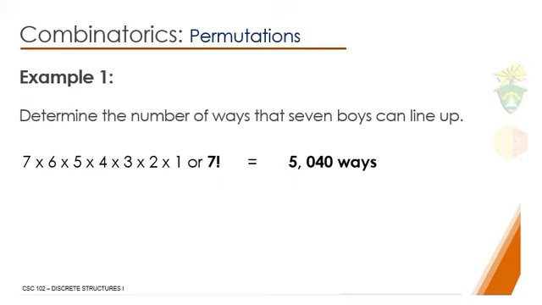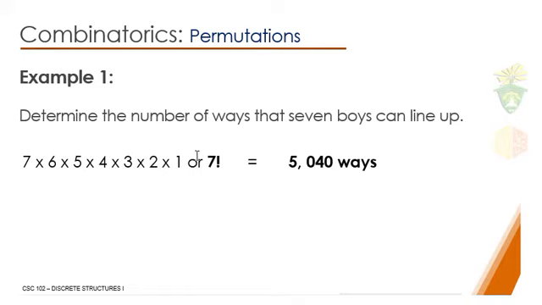Now, let's have another example, where we use the product rule again. The next problem: determine the number of ways that 7 boys can line up. The 7 boys will just line up, so how many possible arrangements are there when they line up?